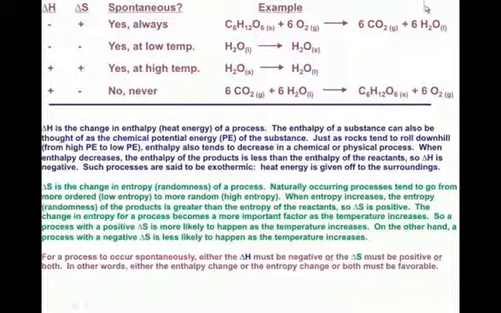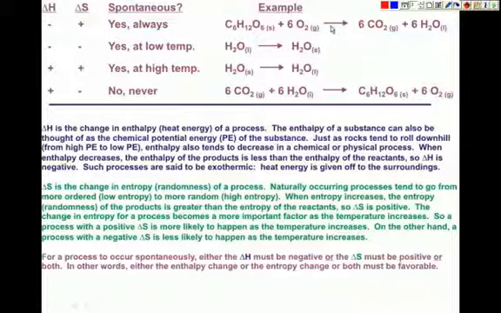Okay, let's take a look at this last slide right here. So what we see here is an example of sugar plus oxygen making CO2 and H2O. Now, this is an exothermic reaction because this is a combustion reaction.